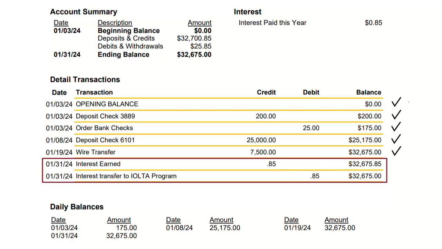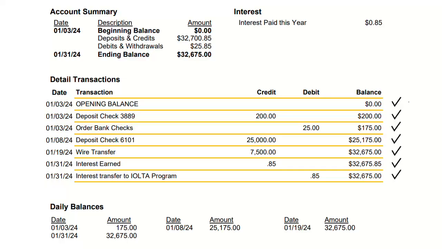Therefore, we do not need to record these transactions in the account journal or any individual ledger because the transactions will always be offsetting amounts, the second reversing the first. And at no time is the interest ever the property of you as the attorney or any of your clients. Therefore, you can mark these two transactions without a corresponding entry in the account journal.